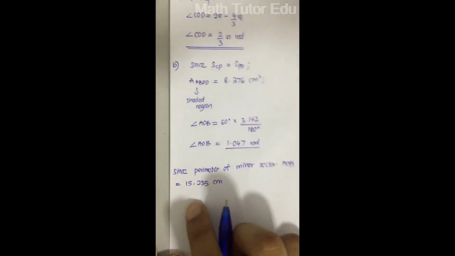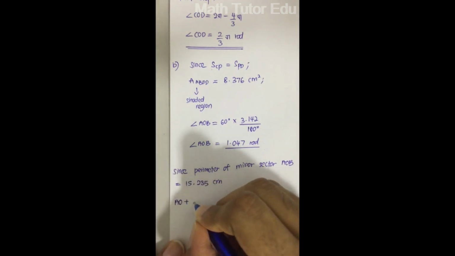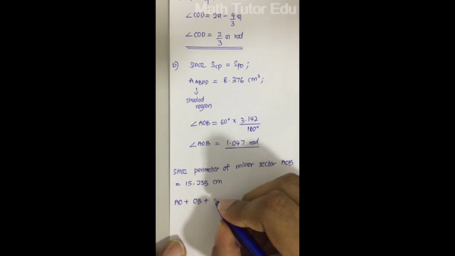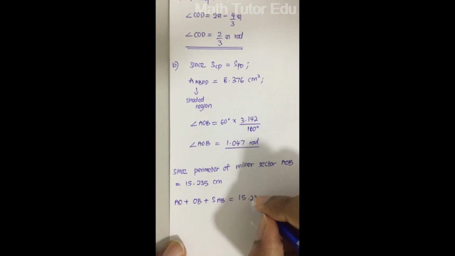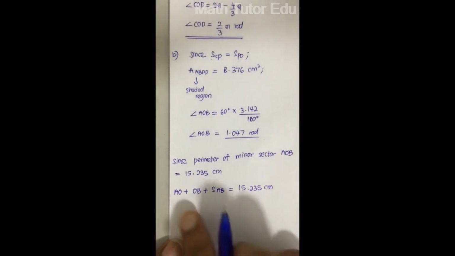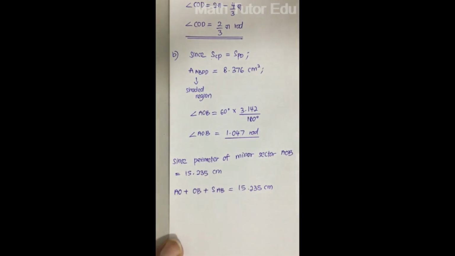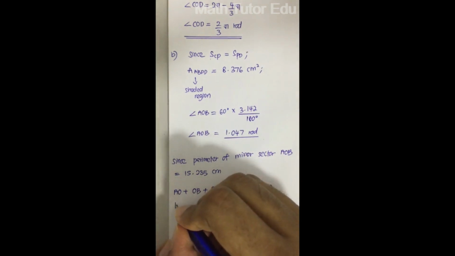So from here, we apply this in our working. AO plus OB plus the length of the arc AB equals 15.235 centimeter. I hope you guys are clear till now. The length of AO we don't know yet, but we know that the radius of the circle is h, so we just express it in terms of h for now.